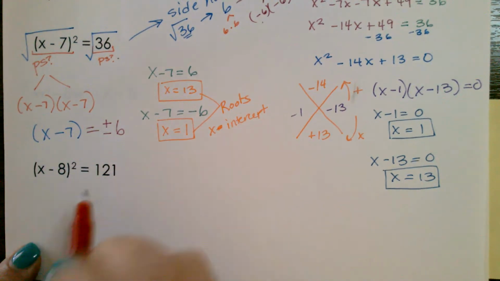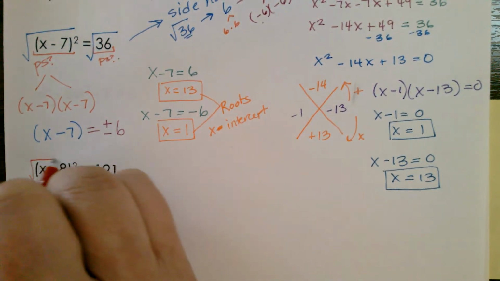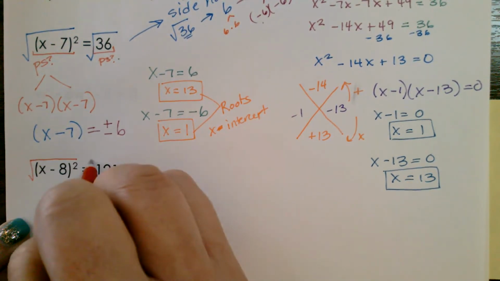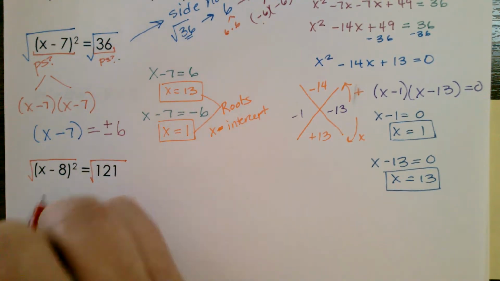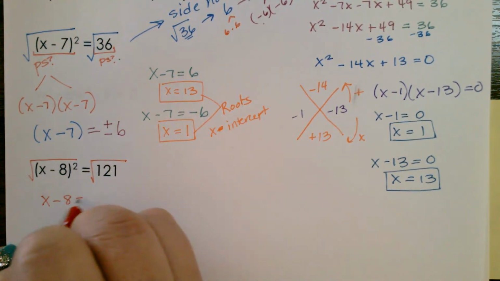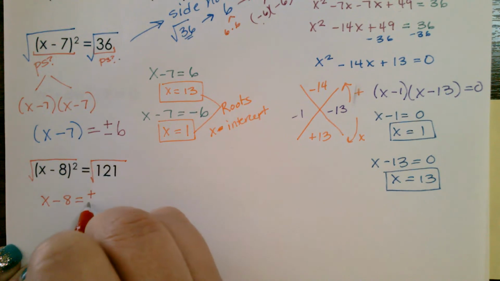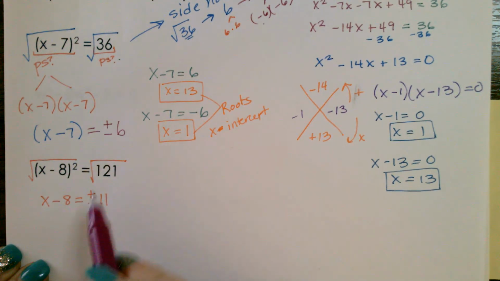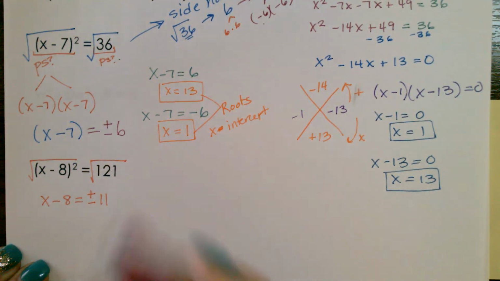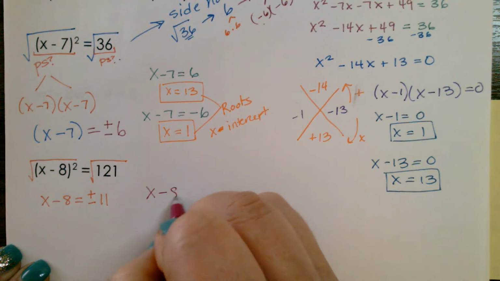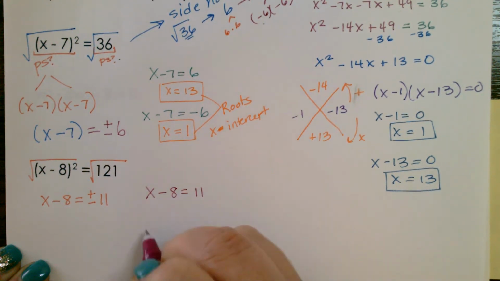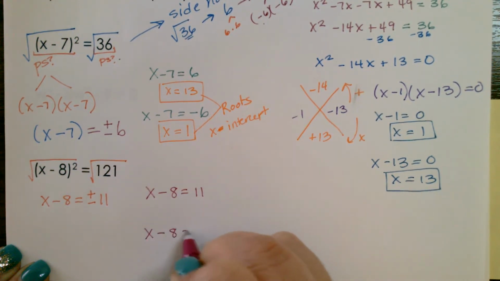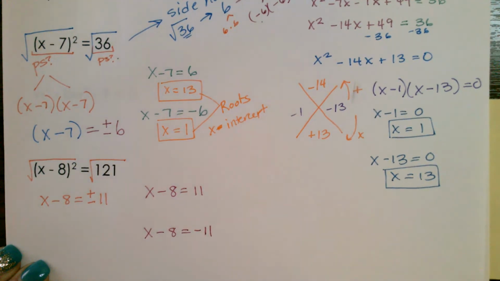Okay, this is a perfect square. So I'm going to take the square root of both sides. That would give me x minus 8 equals the positive and negative 11, because 11 squared is 121. Negative 11 squared is 121. So x minus 8 equals 11. x minus 8 equals negative 11.